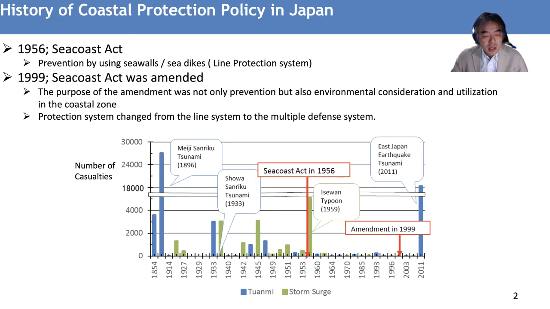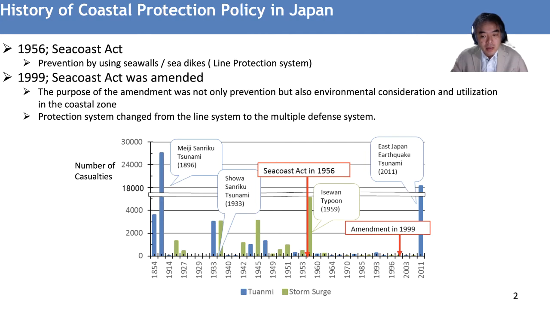In 1896, the Meiji Sanriku tsunami attacked Japan, and more than 20,000 people died. After the Sea Coast Act was established, there were not many casualties, thanks to the seawalls and breakwaters that prevent tsunamis and storm surges.